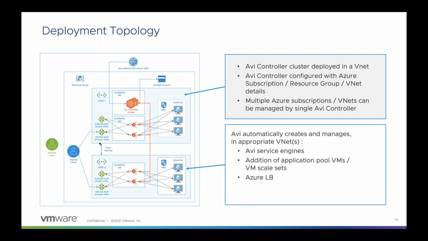So Azure LB is basically a layer 4 load balancer, and with the backend of that being the Avi service engines, we're able to provide linear scale performance as we add more service engines to the same application or the same virtual service.